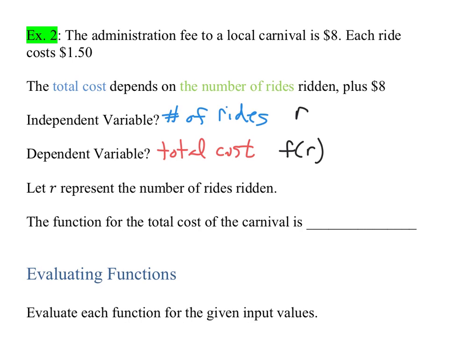If R is the independent variable, the dependent variable is f of R. So the function rule for the total cost of the carnival is f of R is equal to $1.50 times the number of rides ridden, which is R, plus that $8 admission fee.